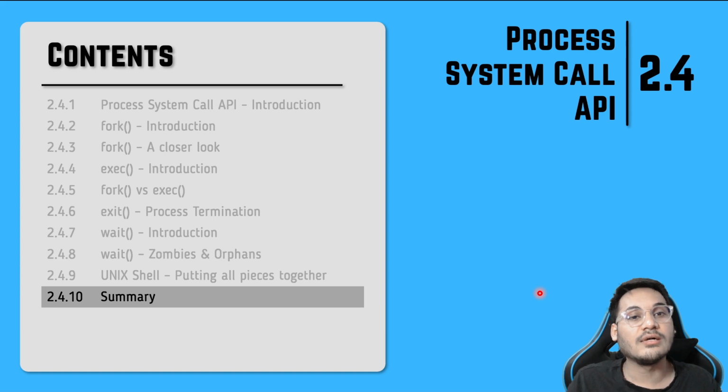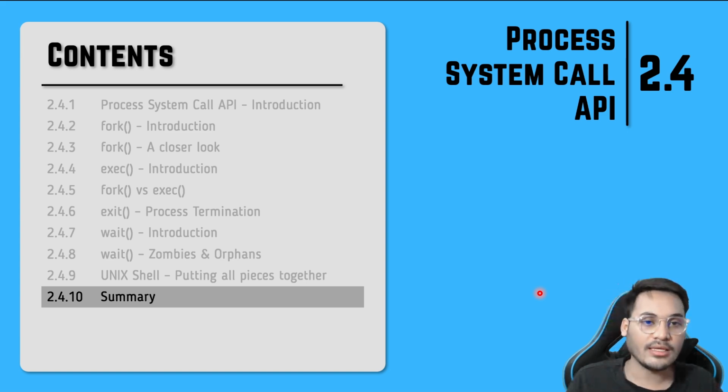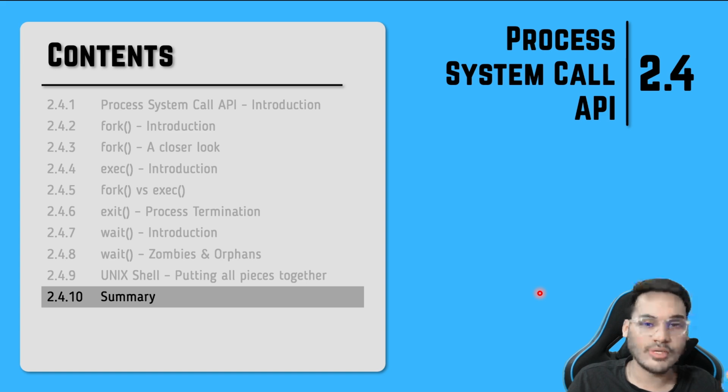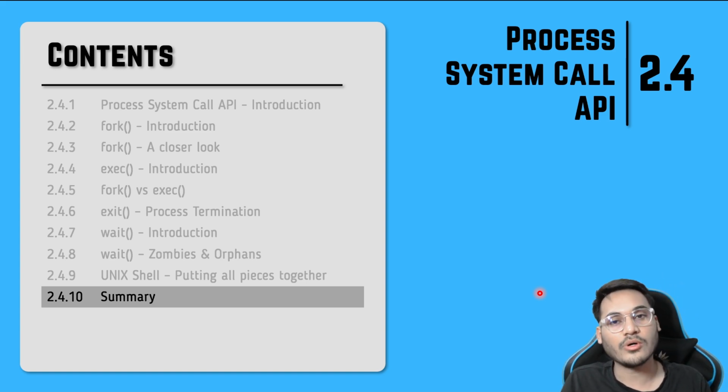Basically, these are the different events that happen in the life cycle of a process, which help it to communicate with the kernel. And finally, in this topic, we focused on the system calls and saw the process system call interface.